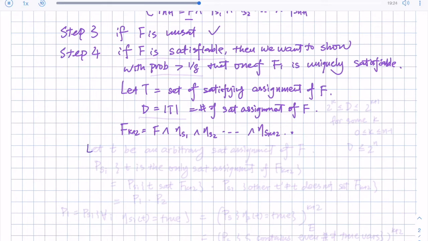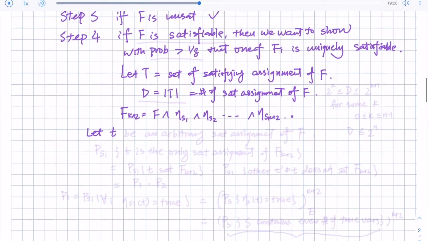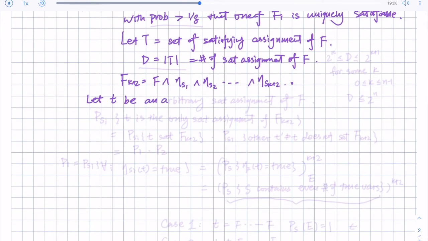So let T be an arbitrary satisfying assignment for F. Then we want to calculate the probability that, given that we have randomly chosen the sets Si, T is the only satisfying assignment of Fk plus 2.